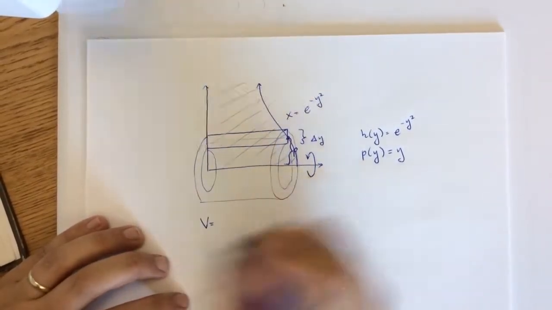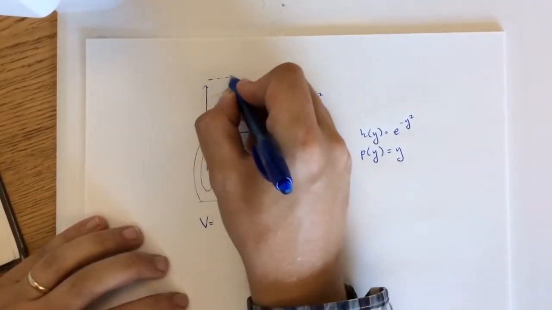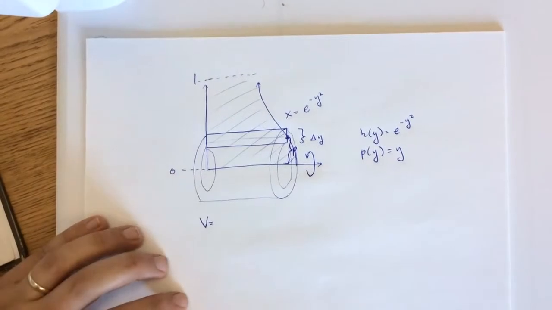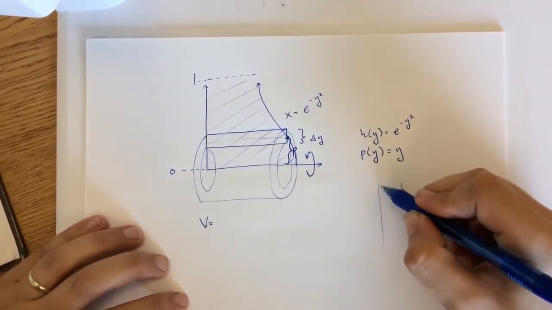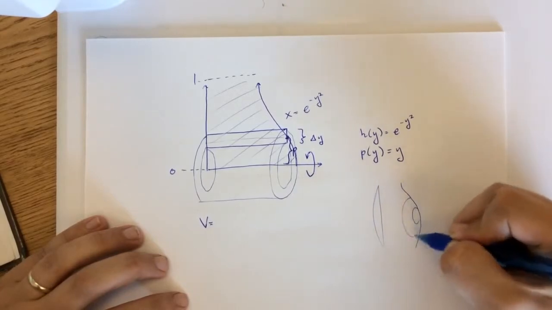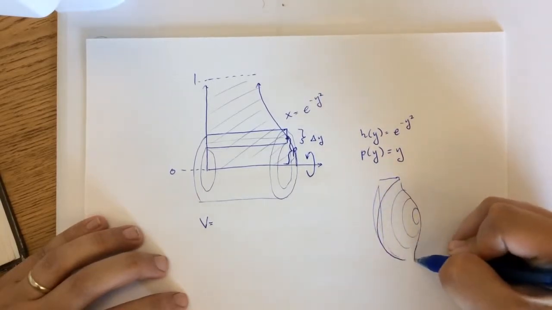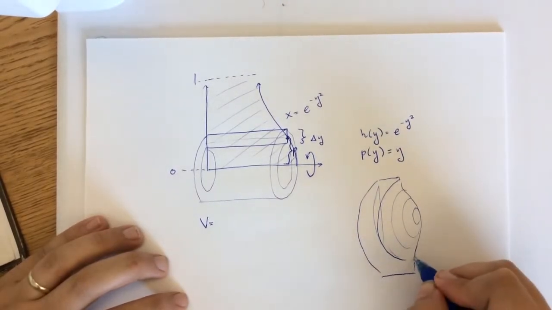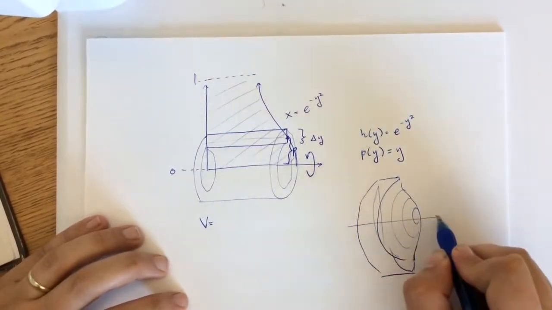So I get the volume of this shape, and I didn't mention my bounds of integration, going from 0 to 1. So the volume of this shape, which looks something like this, kind of like a really thick shield, or a thick something with a mound on the side. Here's the axis of revolution.